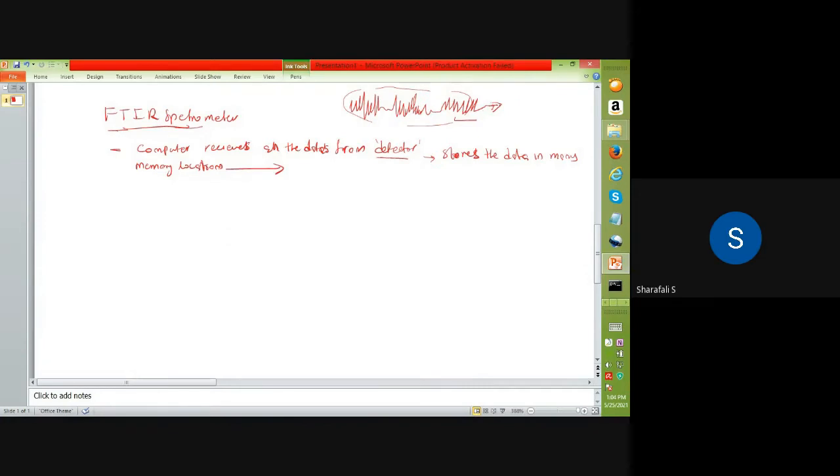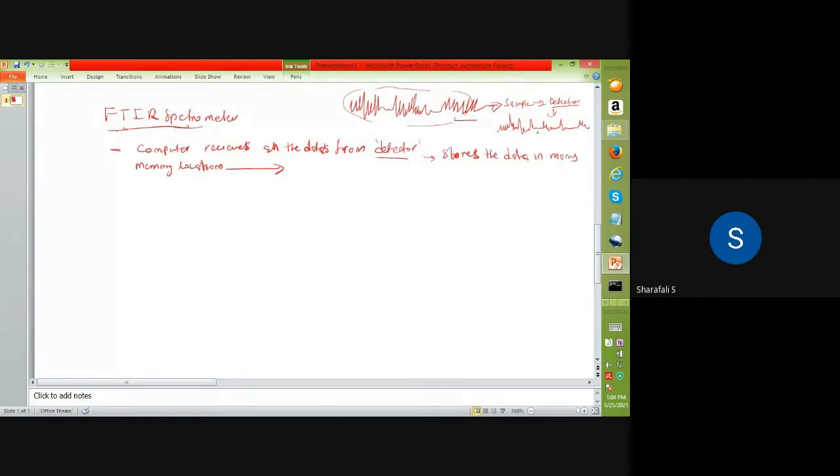This will go to the sample, and after absorption of some frequency by the sample, it will come to the detector. So in the detector, we will have a different kind of frequency spectrum.